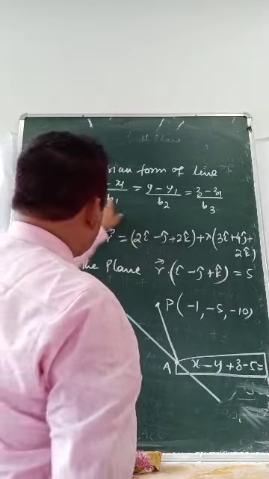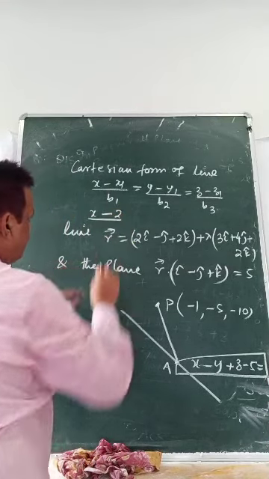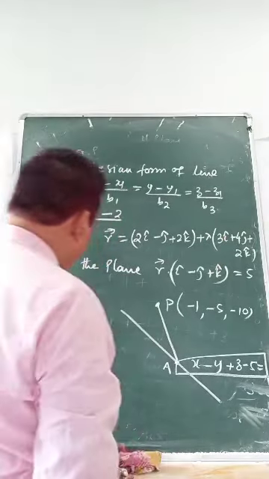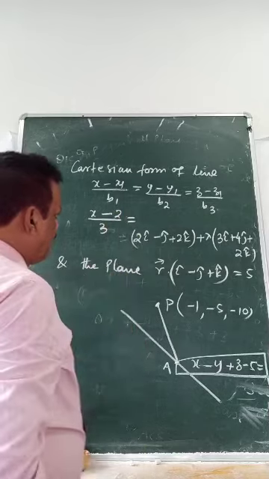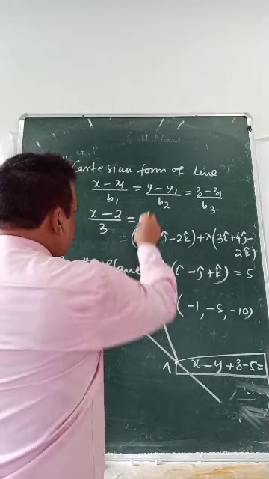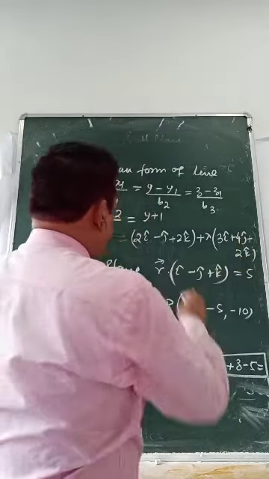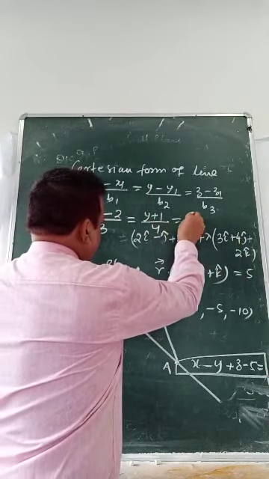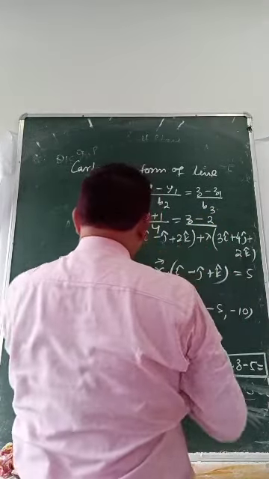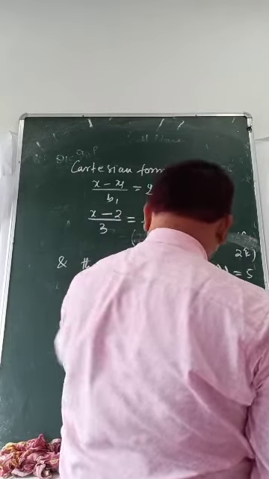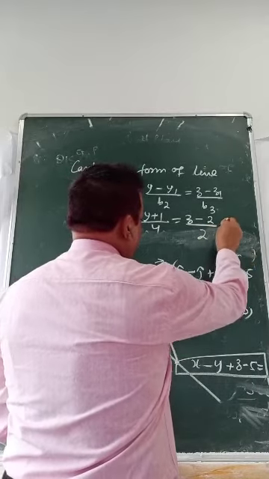If you look at this, write x minus 2 by b1, b1 is here 3, y plus 1 divided by 4, z minus 2 divided by 2. Suppose this is lambda.